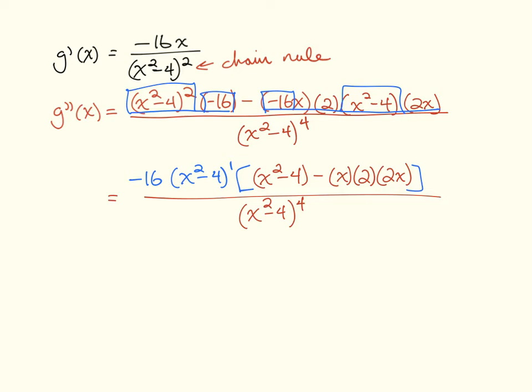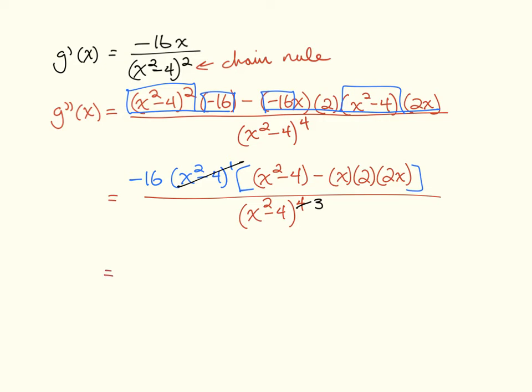And now that we have this simplified with the common factor, 1 x squared minus 4 can be canceled in the numerator and denominator, leaving us with a power of 3. And over here inside the blue brackets, this expression can be further simplified.